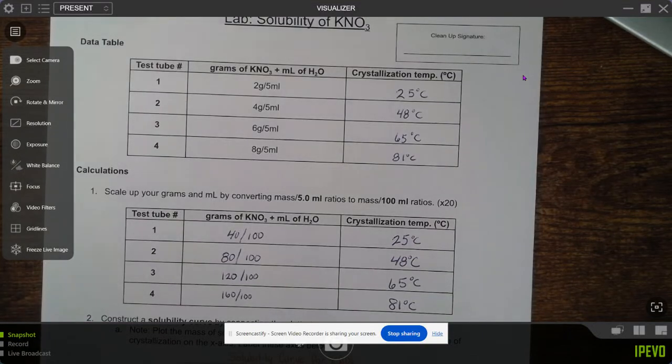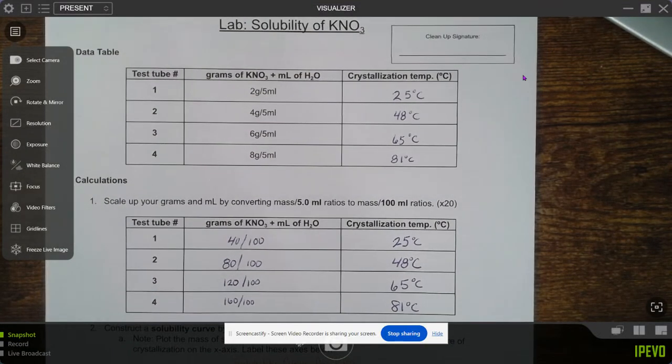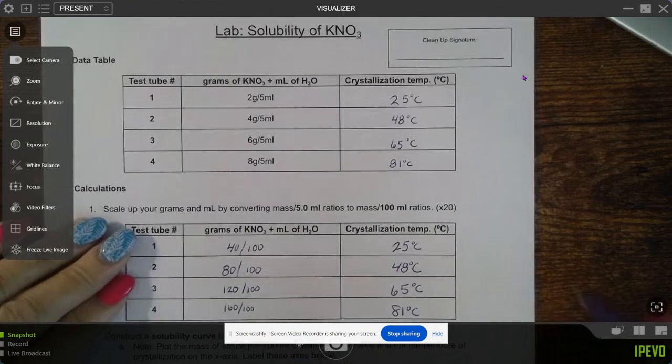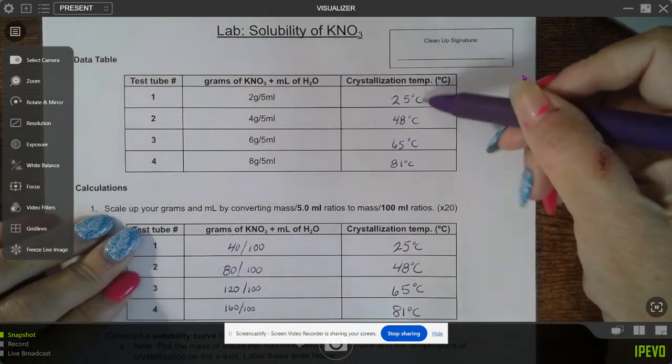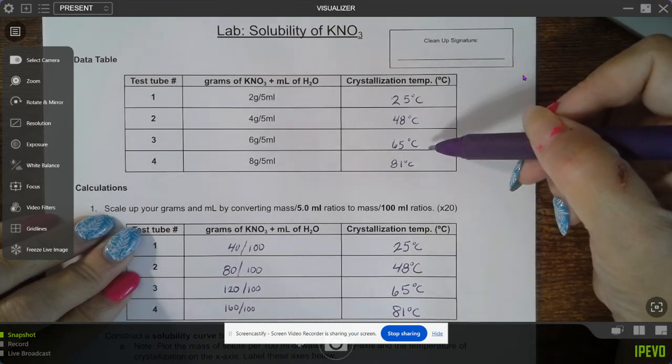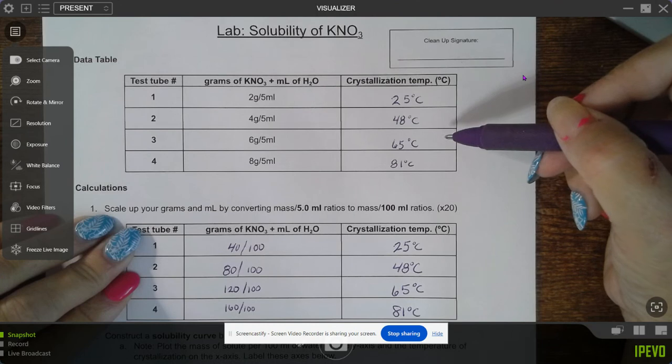As promised, I want to take a couple of minutes and go over our lab, solubility of potassium nitrate, and how that data should look so that you can create the graph and answer the post-lab questions. I have just plugged some numbers into my data table as though these were the values that I recorded.